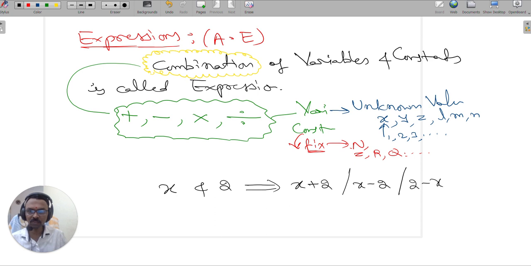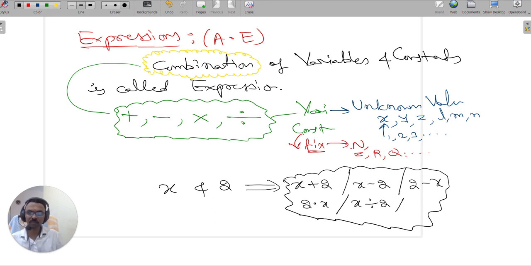Multiplication operation also you can use: 2 times x. You can use division also: x by 2. All these are expressions. You can take multiplication, addition, subtraction, whatever; these are called expressions.